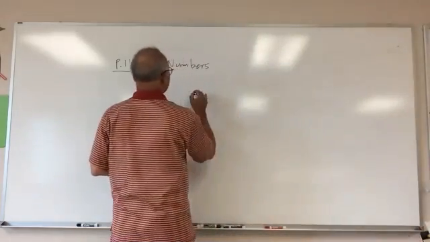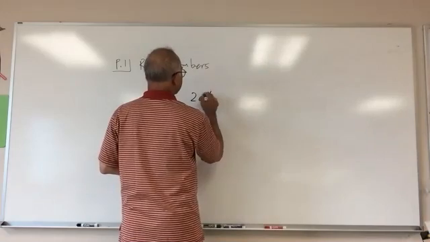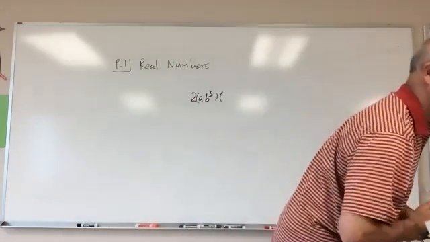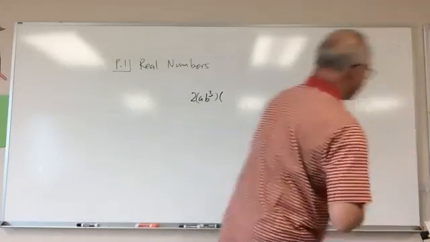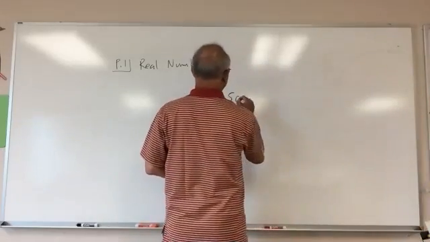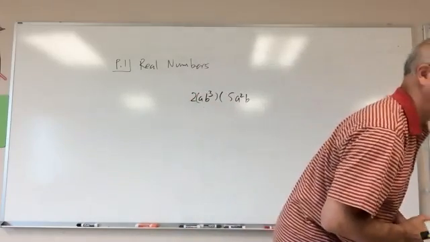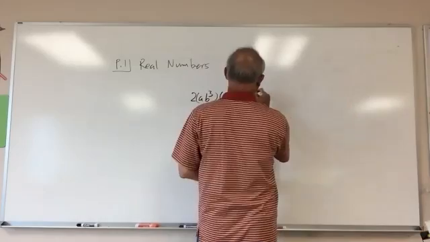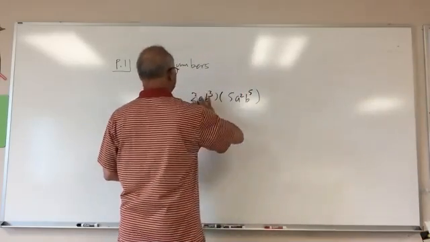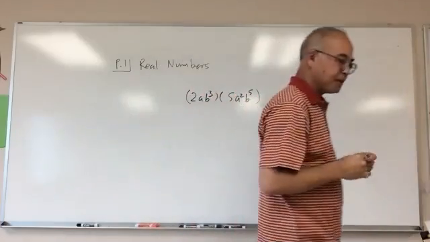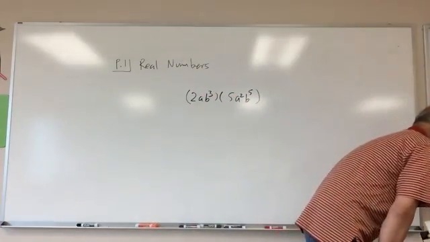We have 2AB cubed, then here we have 5A squared B to the 5th. So the 2 is actually within the parentheses, right there.